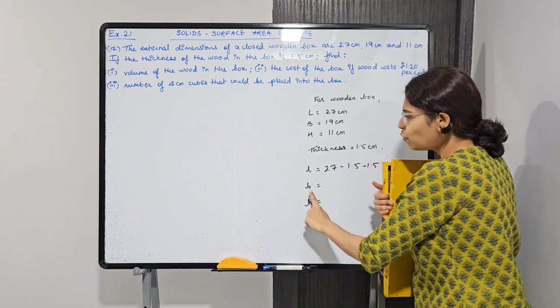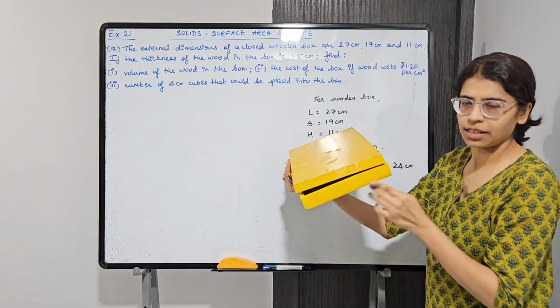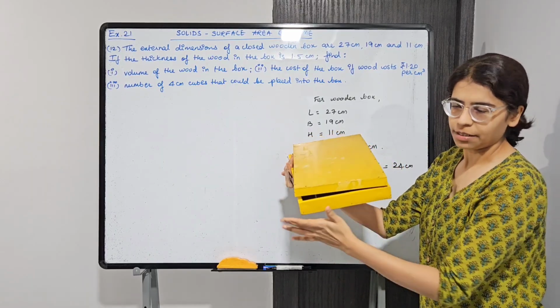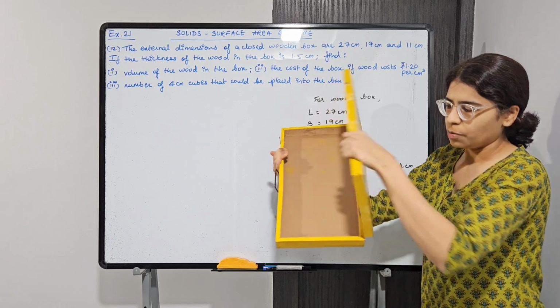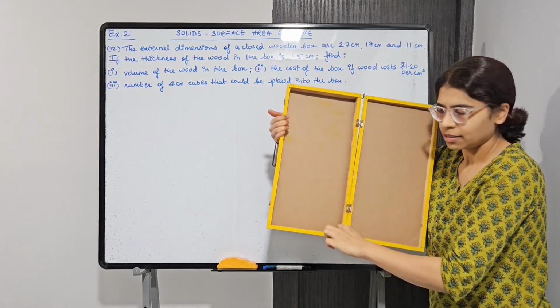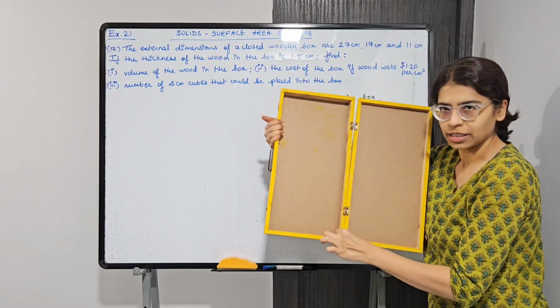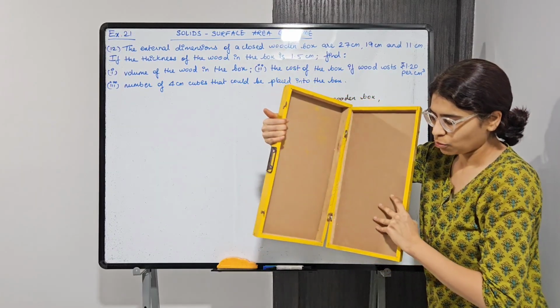Same logic for breadth and height. Now when you are considering breadth, this end to this end. So for breadth again the same thing. For internal breadth you need to subtract this much thickness and this much thickness. So from here subtract 1.5, from here 1.5.